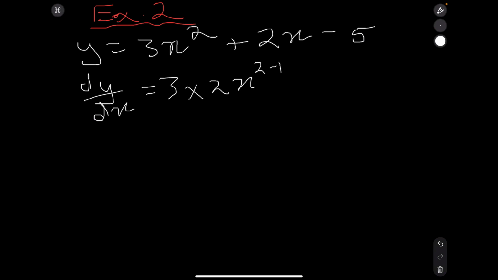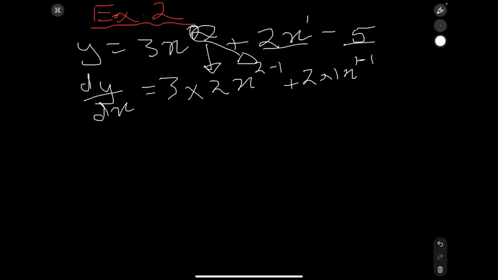So we've just brought down the 2 at the front of the function and taken 1 away from the exponent. Now for the 2x term, because 2x is just the same as 2x to the 1, we go 2 times 1, x to the 1 take 1.